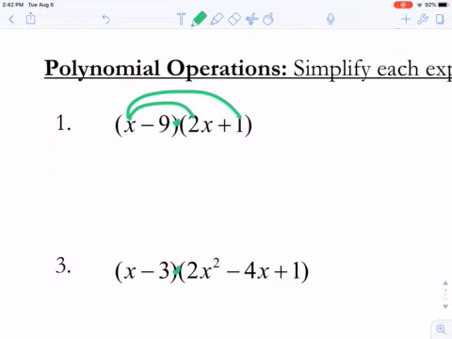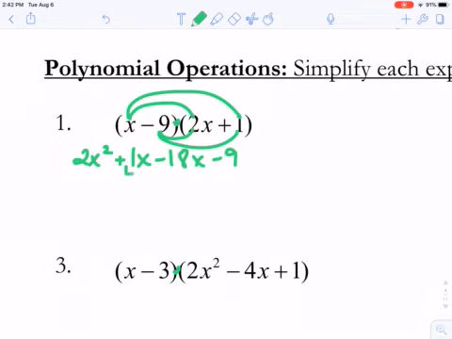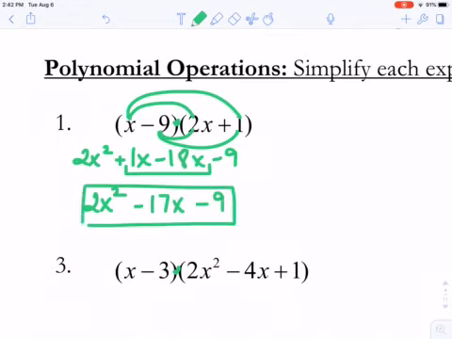So if we multiply x times 2x and x times 1, we get these terms, and then we can distribute that negative 9 to both of the terms and get negative 18x minus 9. So we multiplied the first, outside, inside, and last terms, or we double distributed them. Last thing we need to do is just combine our like terms. So we get 2x squared minus 17x minus 9, and we're done.